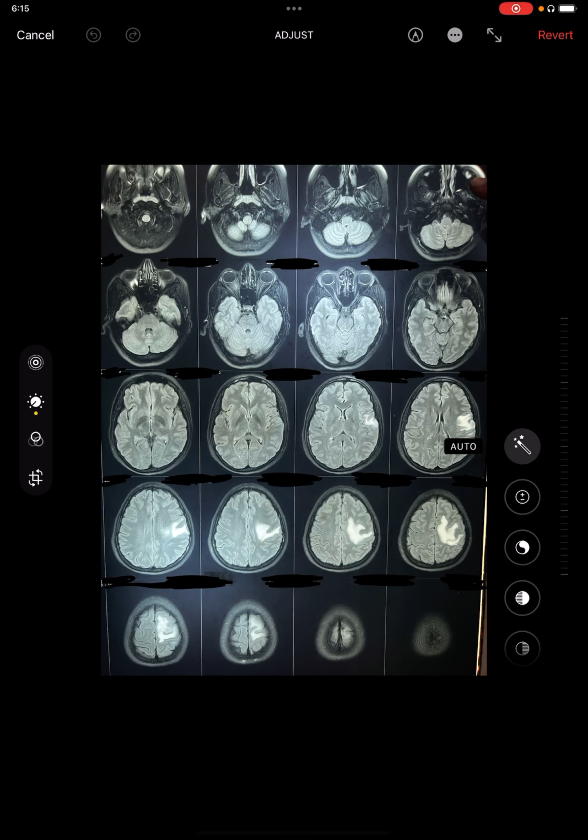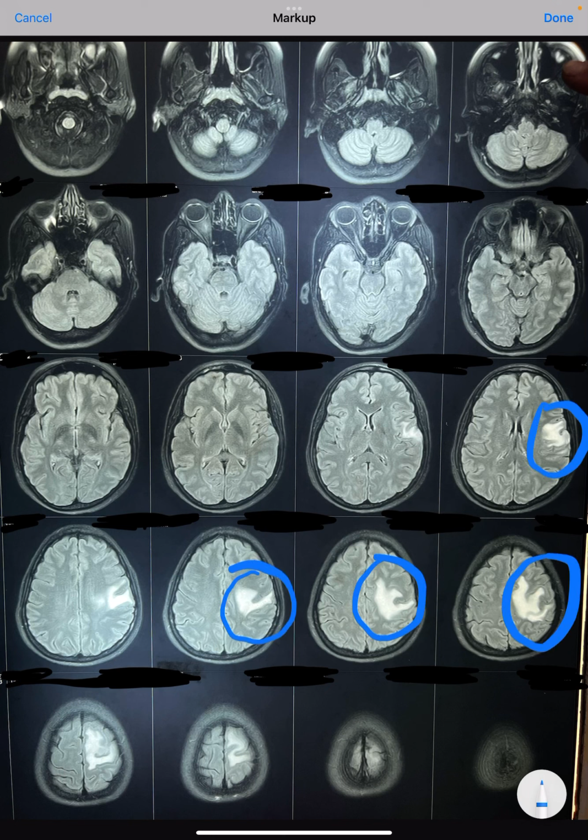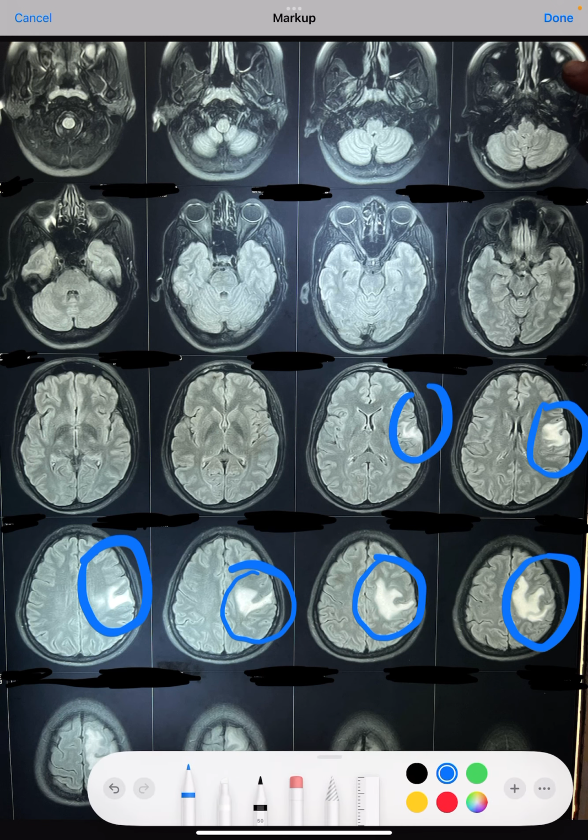And this is a FLAIR image where we can very nicely make out the edema part. Here we can very nicely make out the edema part which is there. That is the reason why DWI, ADC, and all these other images are excellent to evaluate this problem in a very beautiful way.